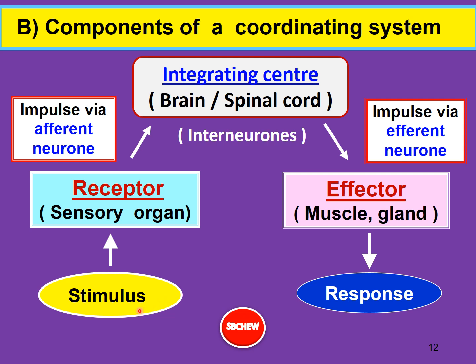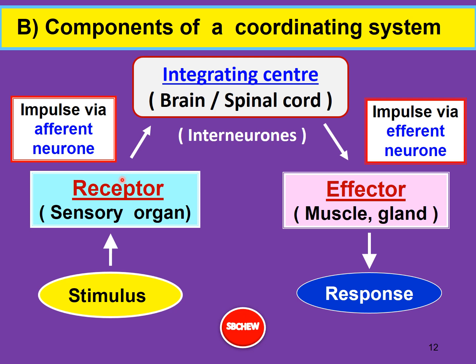So the stimulus is the heat from the environment, and this is detected by receptors in the sensory organs. For heat, the receptor is in the skin.